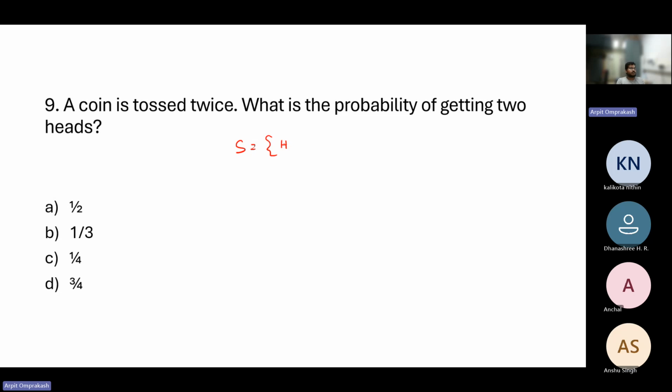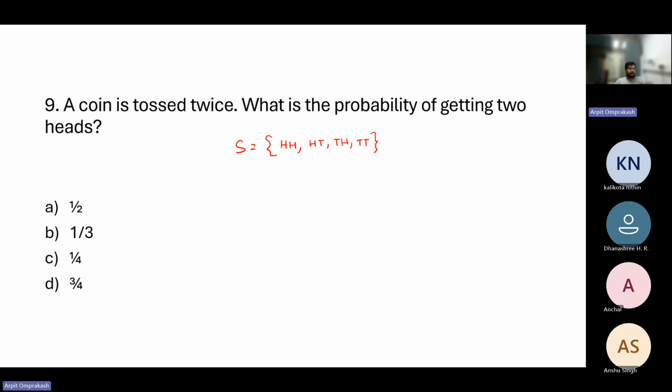So if we are tossing a coin twice, we might have a heads and a heads, or a heads and a tails. We can also have a tails followed by a heads, or a tails followed by a tails. So these are all the possible combinations that can happen. So this is our sample space.